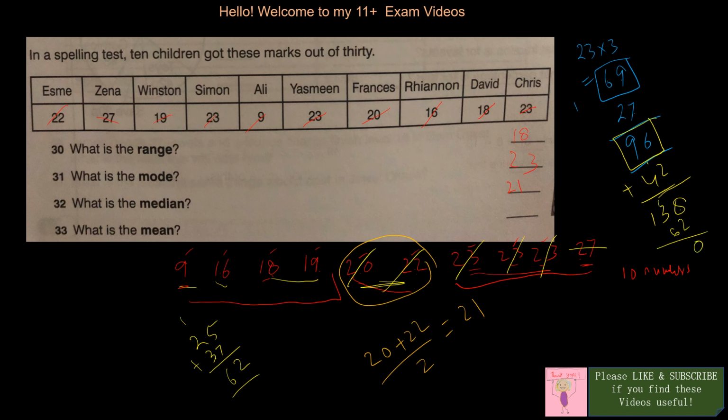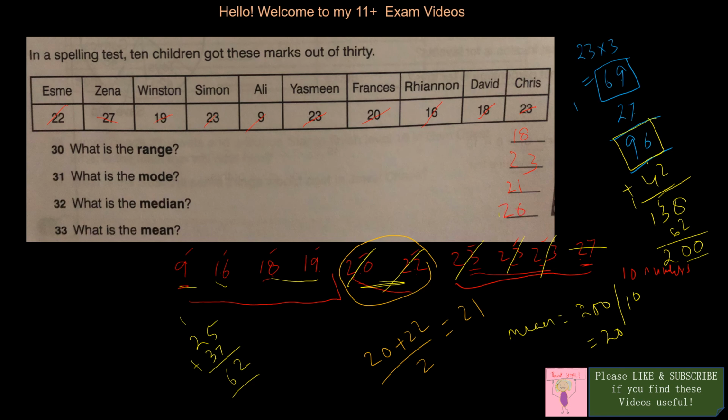I get 200. So our mean is 200 divided by 10, that's 20. So my answer is 20.